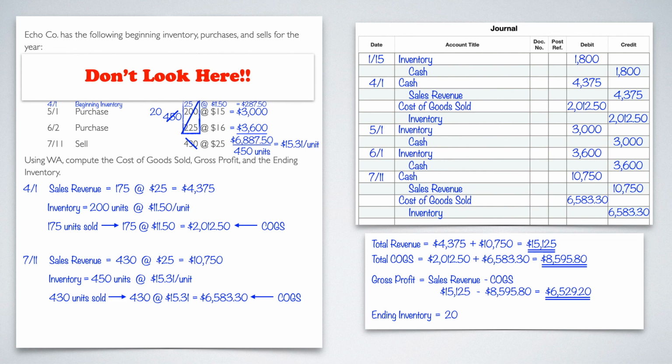But this time it is an ending inventory of 20 at the $15.31 we found. And that's going to give us an ending value of $306.20. And that is how you do the weighted average method using an example that has intermittent purchases and sales.